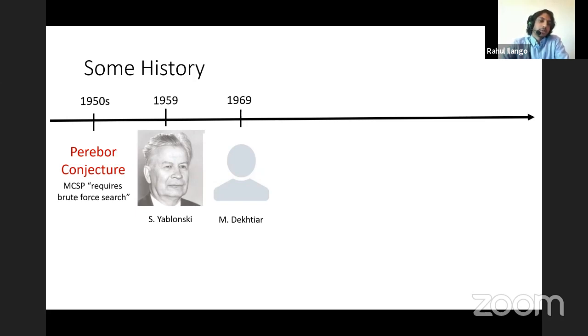What's amazing about this is, again, the idea of oracle computation and relativization hadn't really been formalized; that came a couple of years later, in 1973, with Baker, Gill, and Solovay. But he had implicitly shown that there's an oracle relative to which MCSP cannot be solved faster than brute force search.